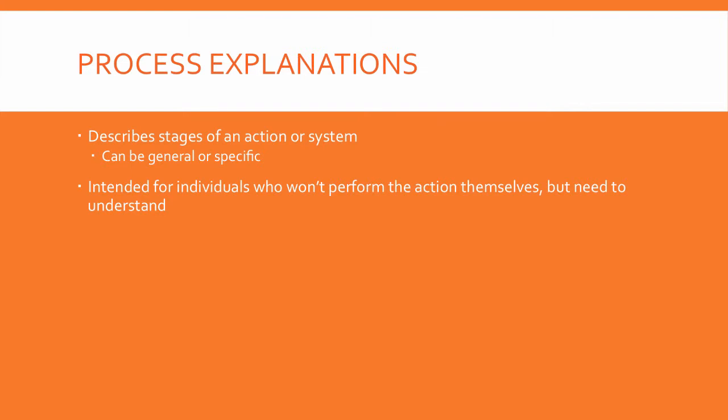One of the process explanations is, how does photosynthesis work? Or a better one, how does a breathalyzer work? Okay, and so an example of an individual that might never need to actually administer the breathalyzer would be a lawyer. All right, so he just needs to know how it works so that he can talk about it in a courtroom setting. All right, and so the process explanation is just you describing how something actually occurs.